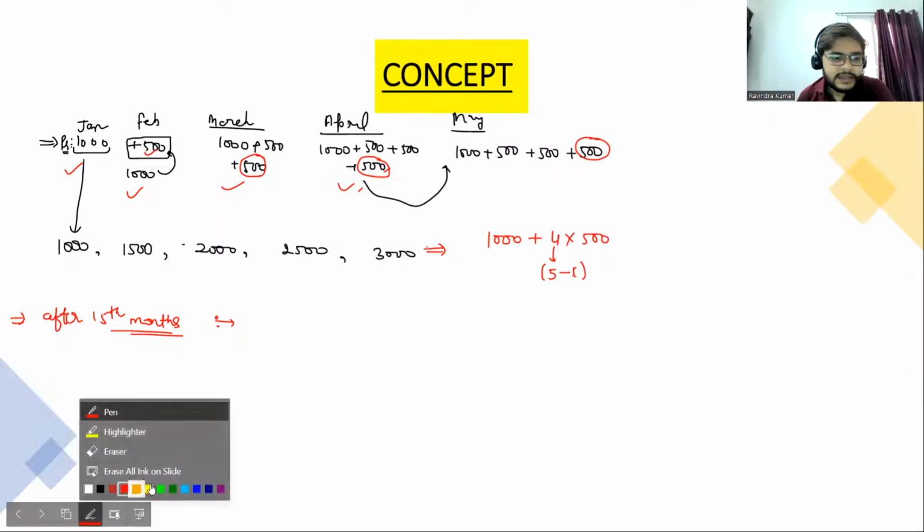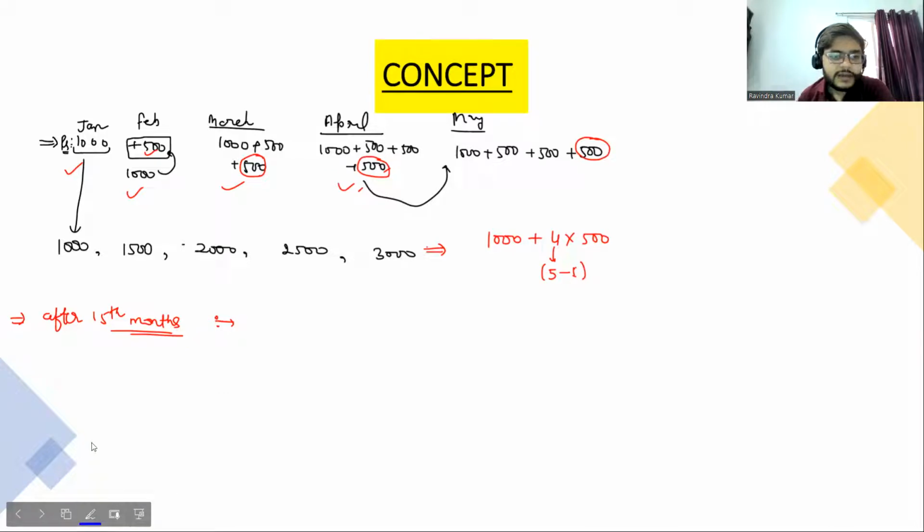Let's see the second scenario. If we have to find the pocket money after the 15th month, what will we do? Just write the initial pocket money, that is 1000. The total number of months is 15. Do minus 1 here, because we have to add 500 total number of months minus 1 times. In one month it is 500.